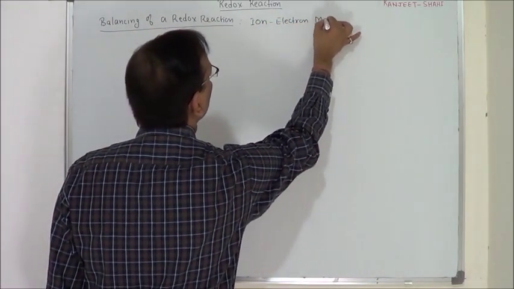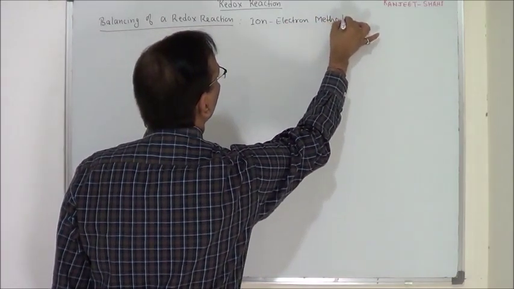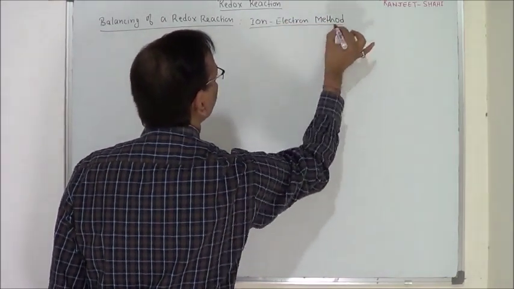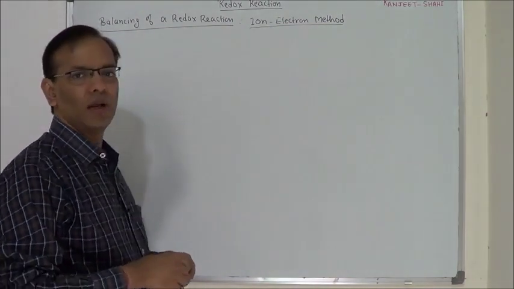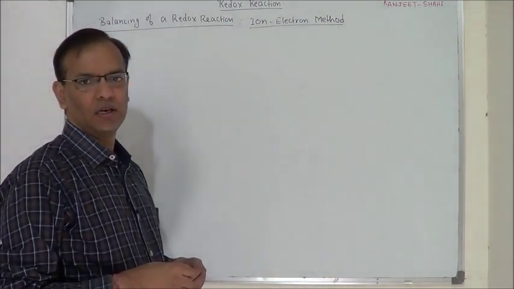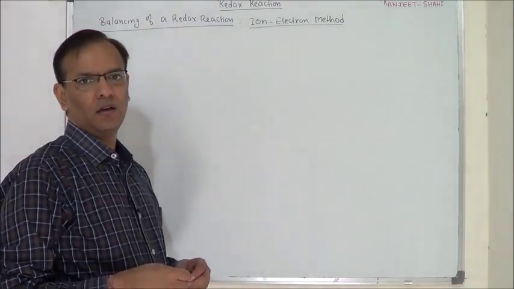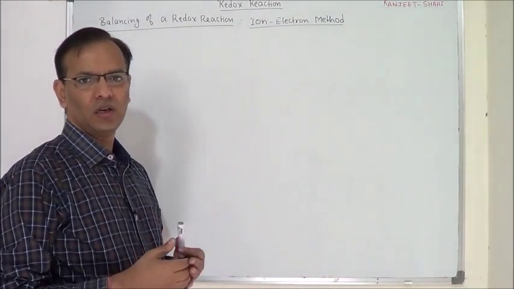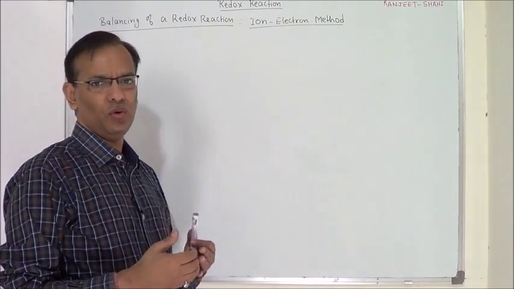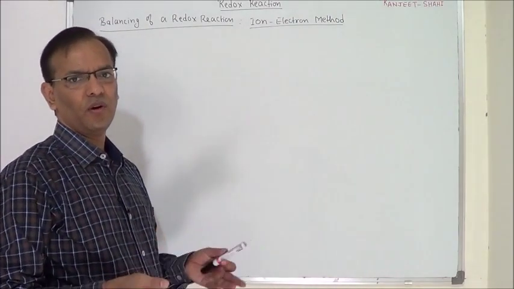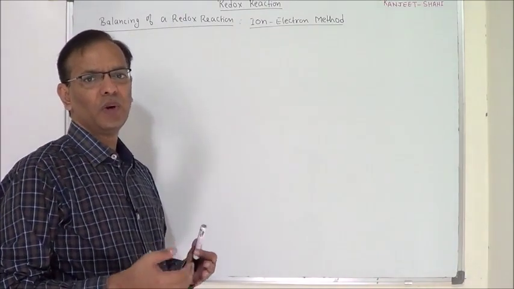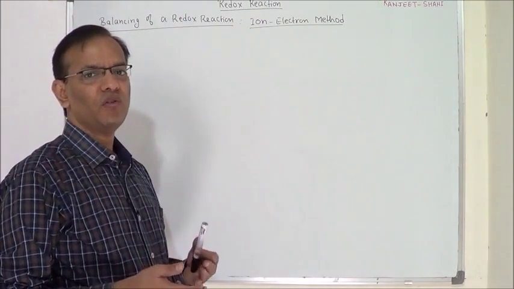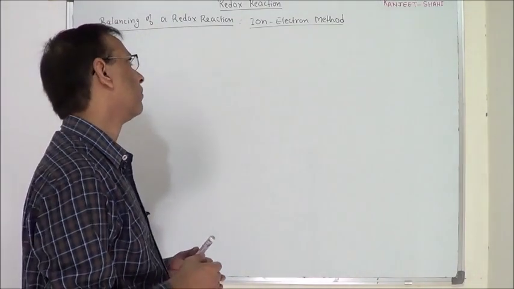So we are going to balance a redox reaction using the ion-electron method. This is the most comprehensive method of balancing a redox reaction, and once understood, it is the most convenient also to use. So it is better to learn the method which is comprehensive as well as easier to use.